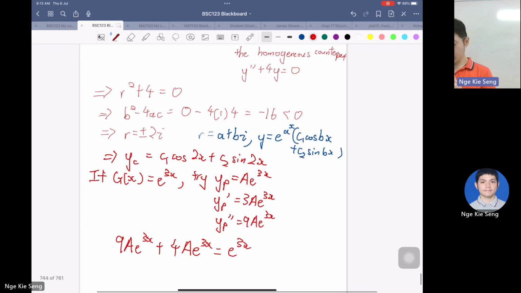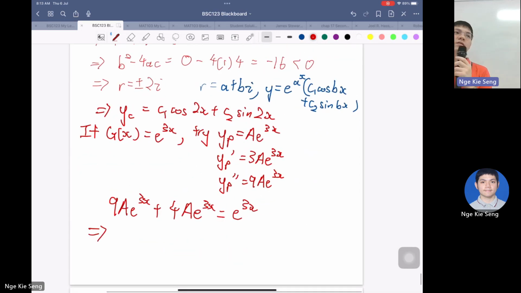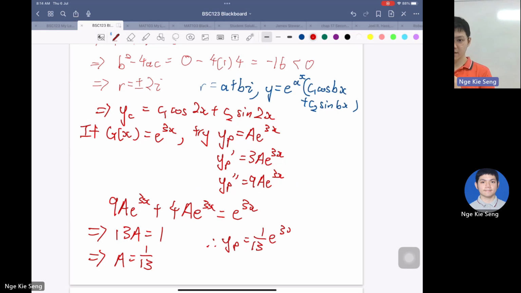If you compare the coefficients, you get 13a equals 1, so a equals 1 over 13. So your particular solution is 1 over 13 e to the 3x. Altogether you have the particular solution plus the solution to the homogeneous part.